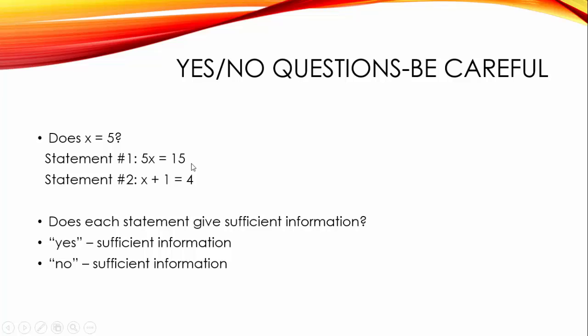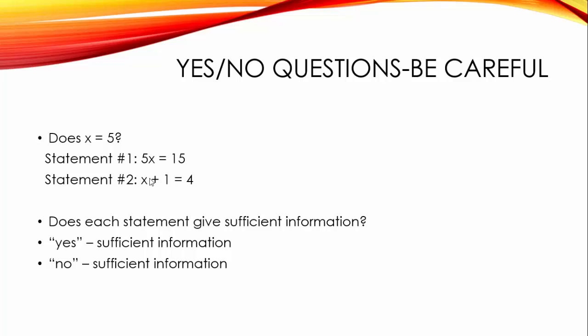Because we were able to get a clear answer to the prompt question from each statement, that means each statement individually was sufficient. An affirmative answer to the sufficiency question in both cases, and we get the answer.